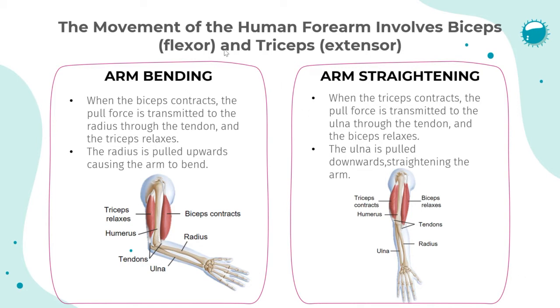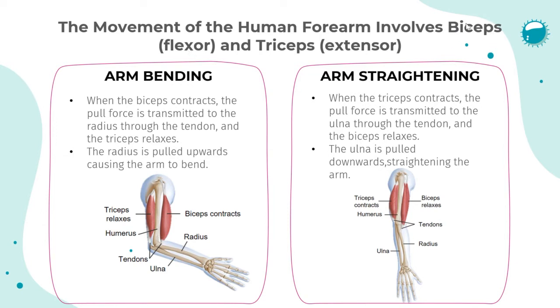Here it refers to the bending of the forearm. So that muscle we call flexor. Here biceps act as a flexor.